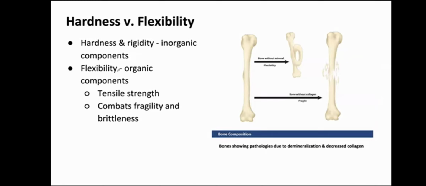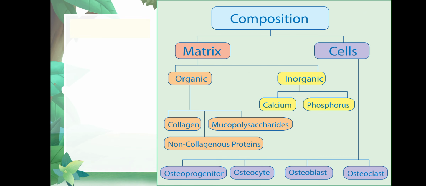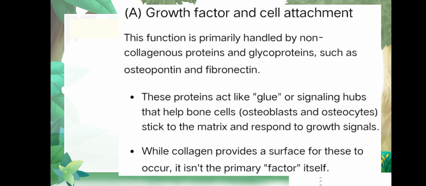And if it is a little flexible, like steel or wood, it is better. So it will be a combination of hardness and flexibility. So this is the 3D image of bone composition. It consists of matrix, cells, and so on, organic and inorganic forms.